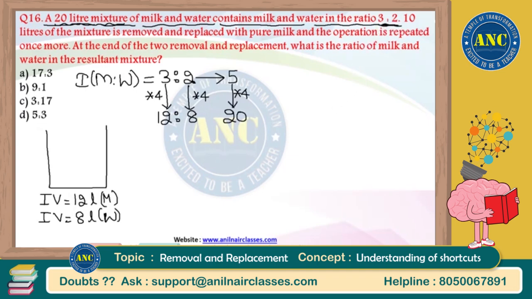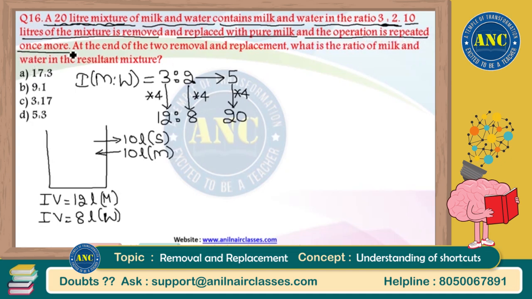Next statement. 10 liters of the mixture is removed. I am taking out 10 liters of the solution and replacing it with pure milk. I am adding 10 liters of pure milk, and the operation is repeated once more.